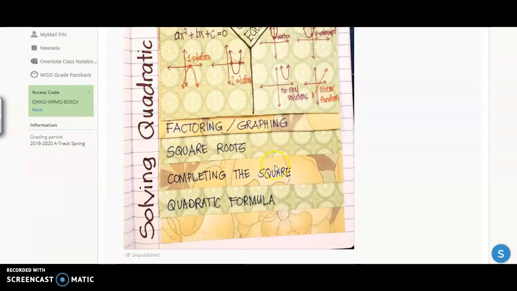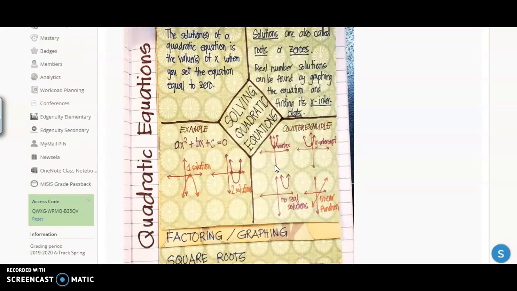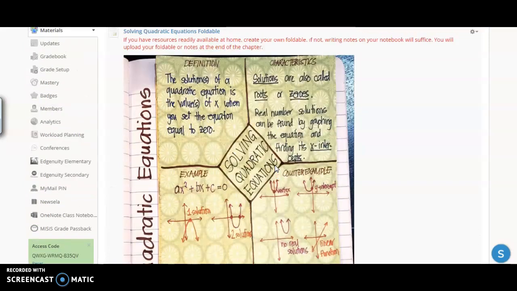So I have here a picture of my foldable. I created this to summarize the methods that we will be studying this chapter, and I thought that it will be a good takeaway that you can use even when you are in Algebra 2 or Geometry next year.